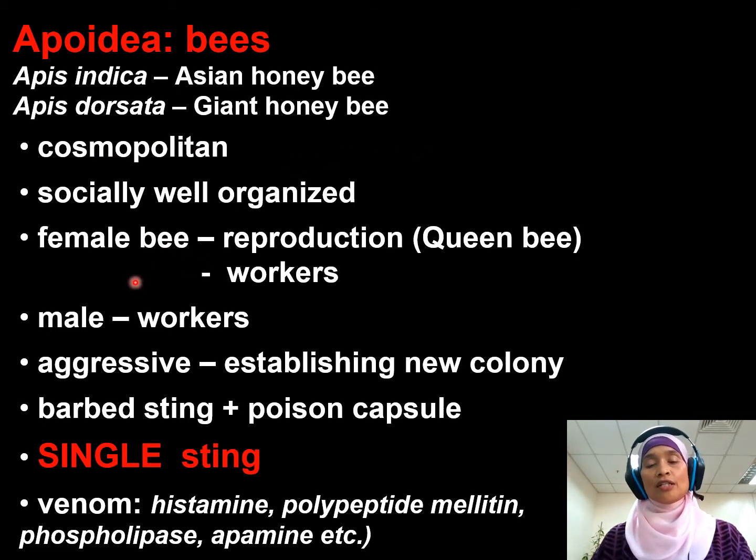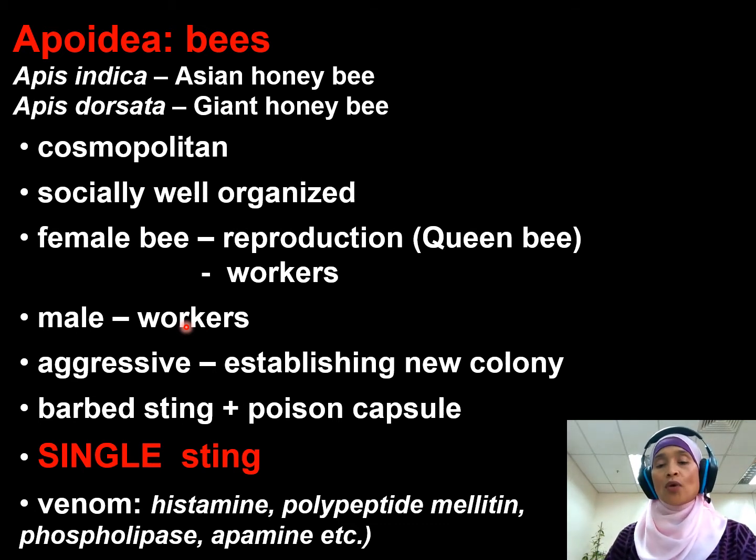The female bee is responsible for reproduction, and the other bees are called the worker bees. Now they can be pretty aggressive in nature, but only when the colony and the hive have been disturbed. The sting of the bee is barbed, so once it is injected into the victim, it is very difficult to remove.